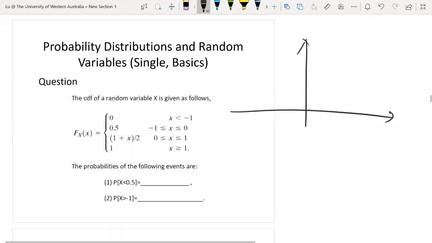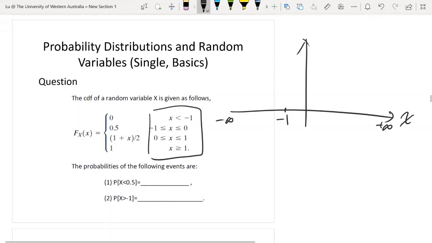for our analysis. The horizontal axis should be just x value, starting from negative infinity to positive infinity. And this x direction, the axis, will be divided into 4 sections. The first section starts from negative infinity up to -1.